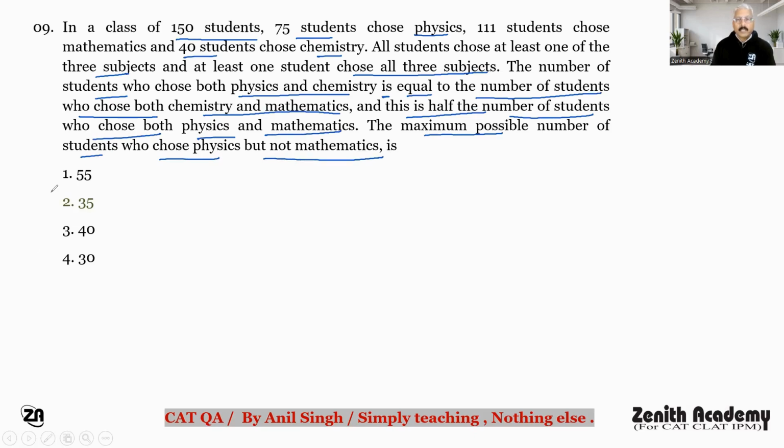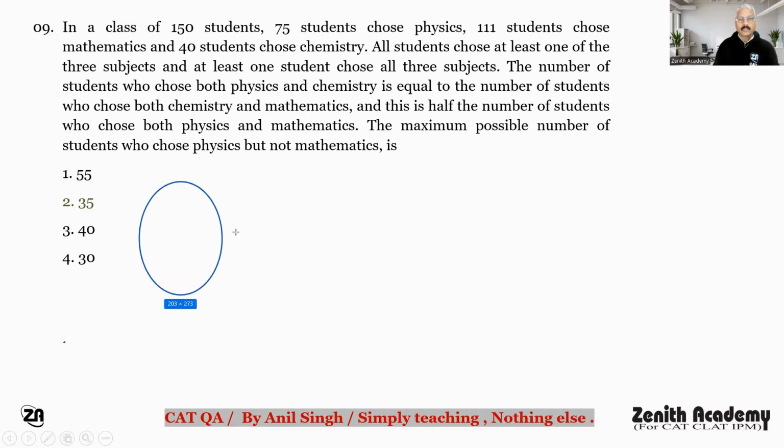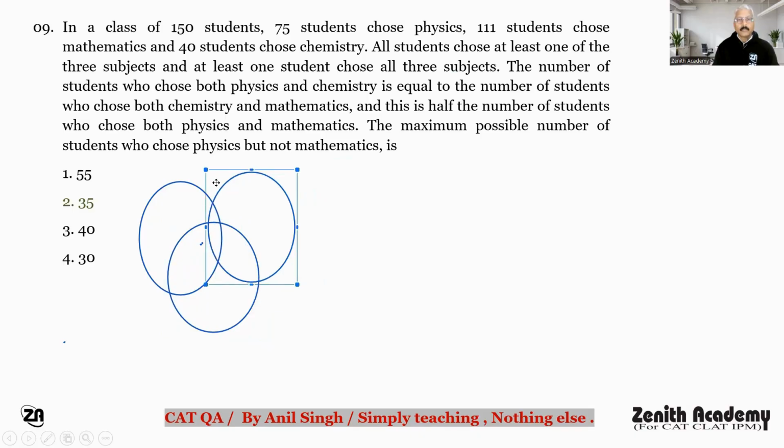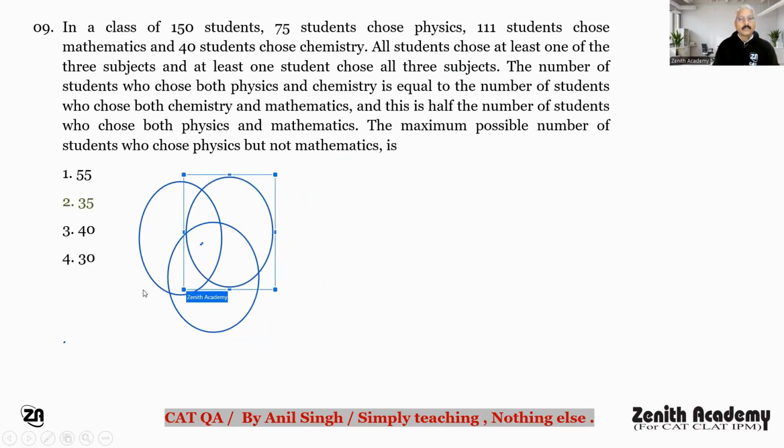Okay. This question is based on a Venn diagram. So it is physics and chemistry, like this.